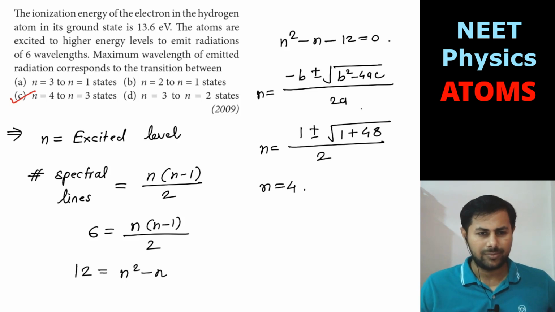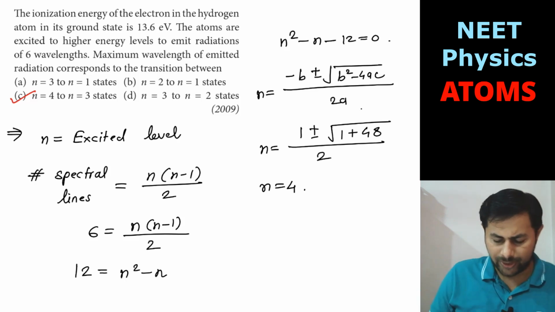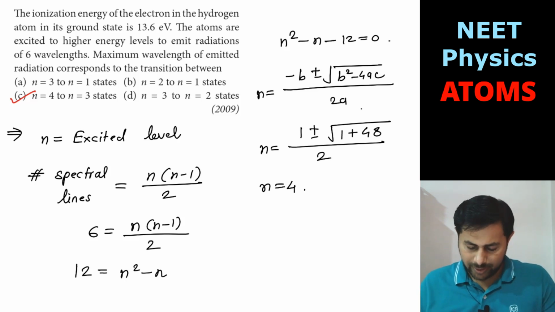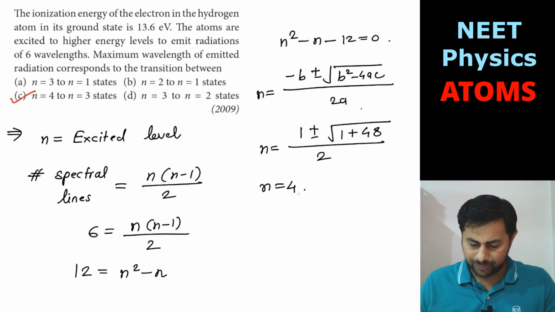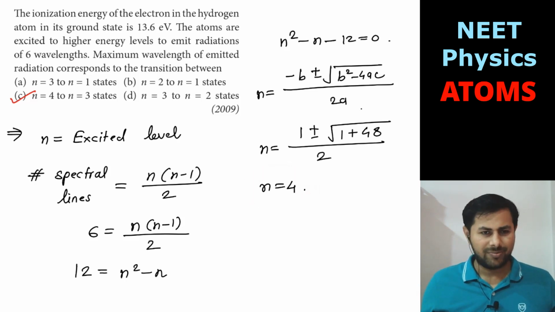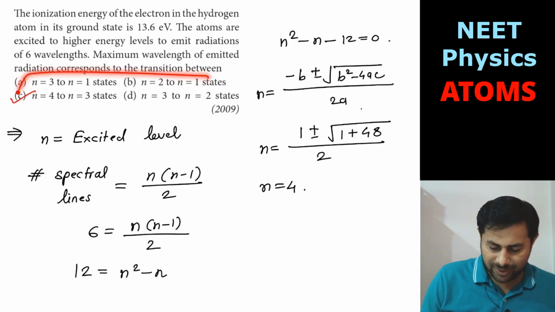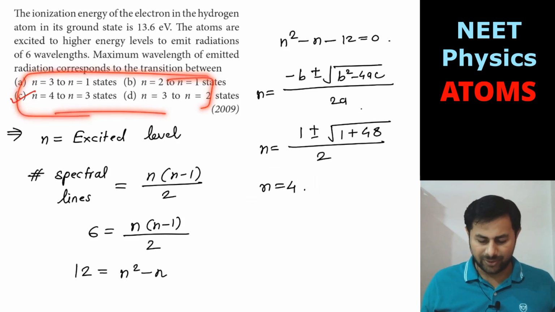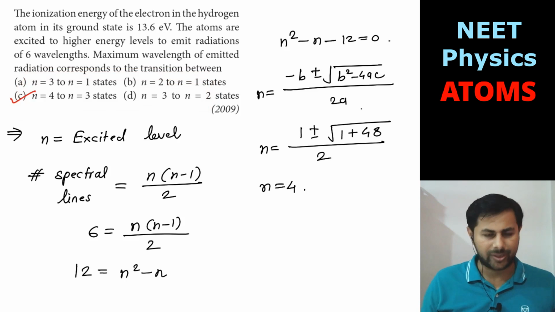Everyone? First of all, why did I verify this? Because looking at these options, you can directly find out that maximum wavelength would be for the transition having minimum energy difference, that is n equal to 4 to n equal to 3.